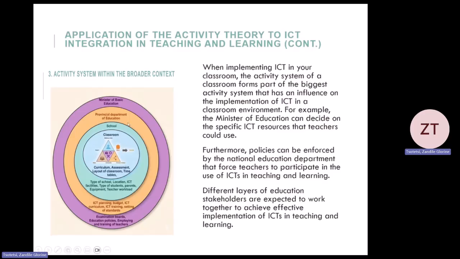And then the Provincial Department of Education deals with ICT planning, budgets, ICT curriculum, ICT training, setting of standards. And then the Minister of Basic Education's role is the examination boards, education policies, employing and training of teachers. So that's how everything is divided in the activity system.